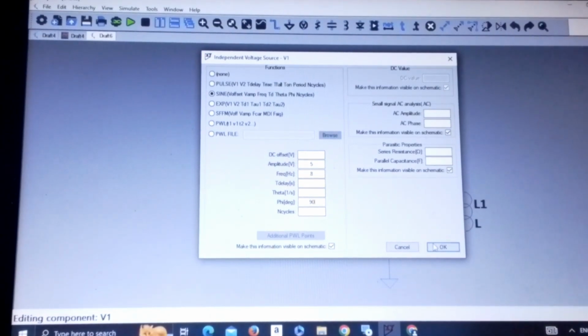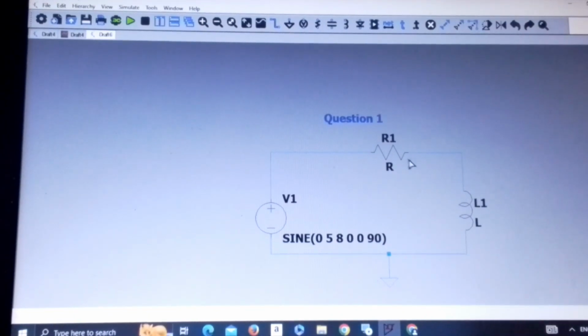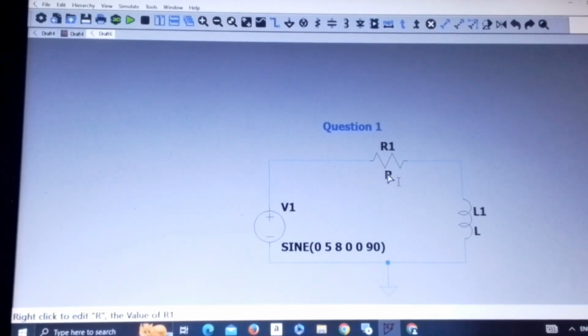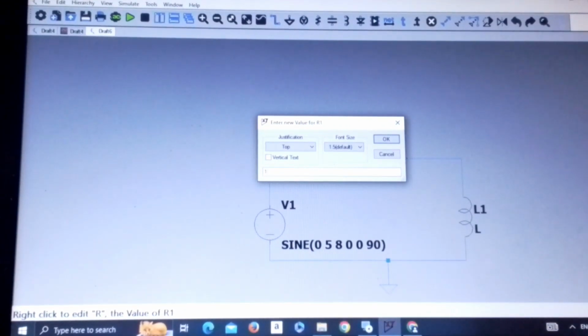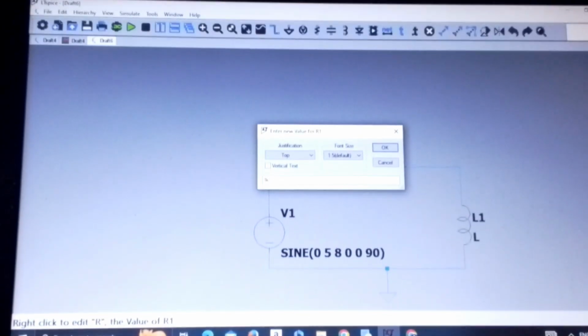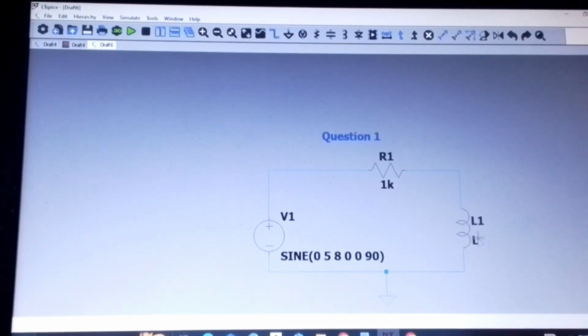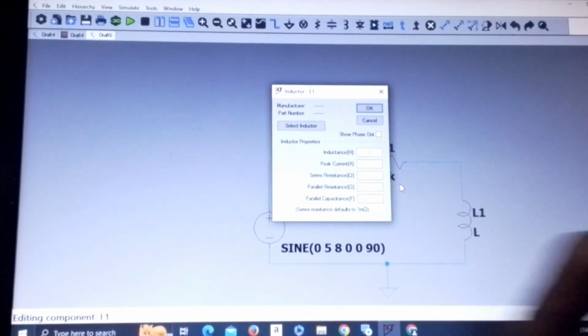Then click OK. And then put the value for R1. Just click it. I put the value for R1 as 1 k ohm. And for the inductor L1, I put 50.